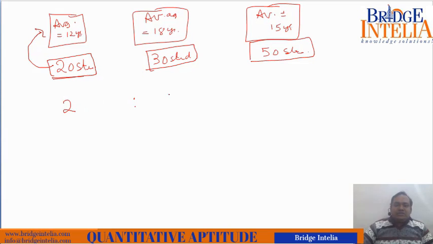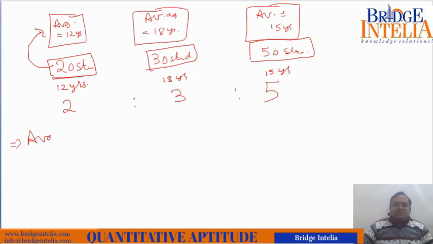So 2 is to 3 is to 5, and their average ages were 12 years, 18 years, and 15 years. Let's solve this.